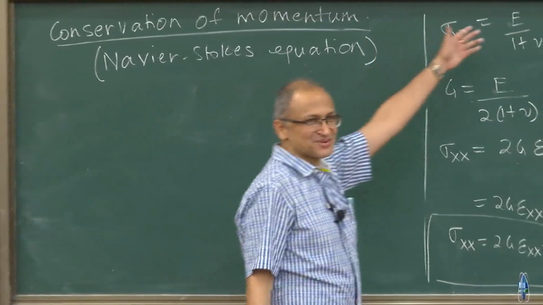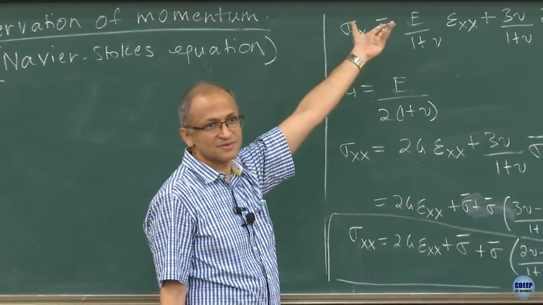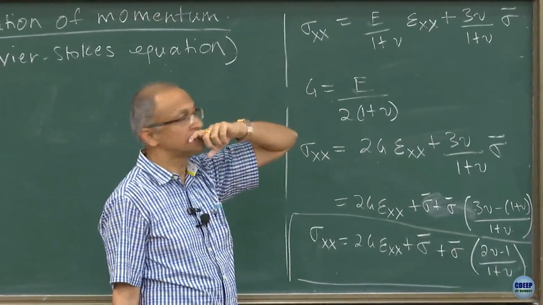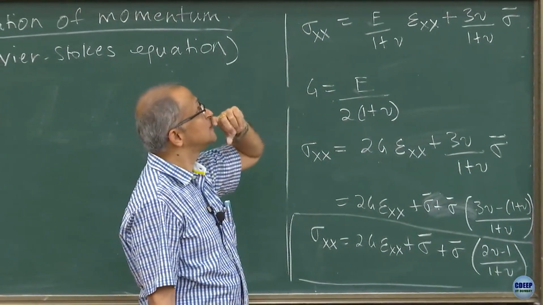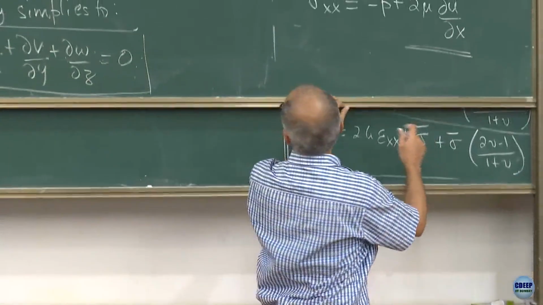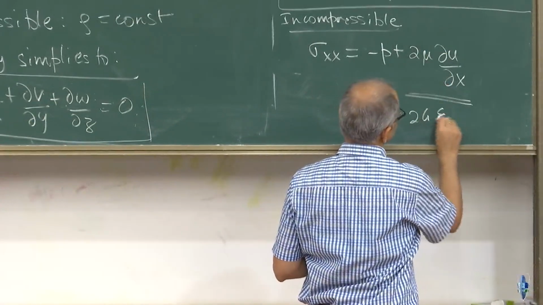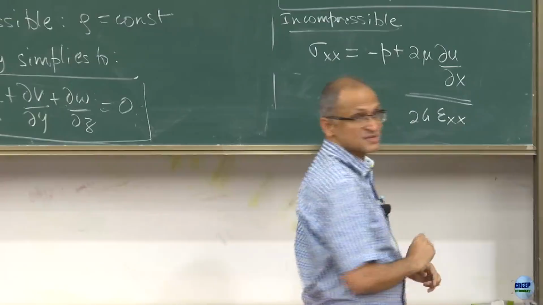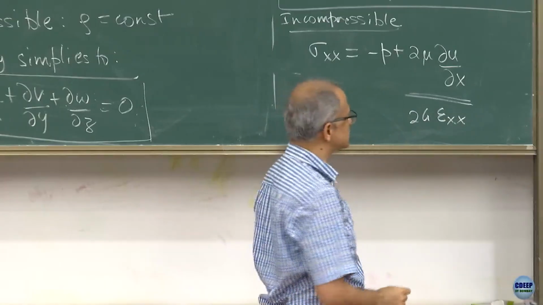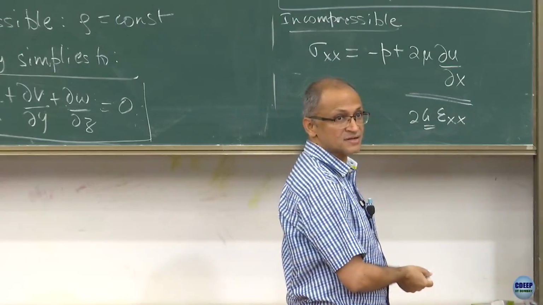Now we go back. We have shown you the derivation, where it is coming from. So this was your epsilon xx. If you go back and just remove the solid part, this was your 2G, and this was your sigma xx. Correct? Now G was related to E, right?